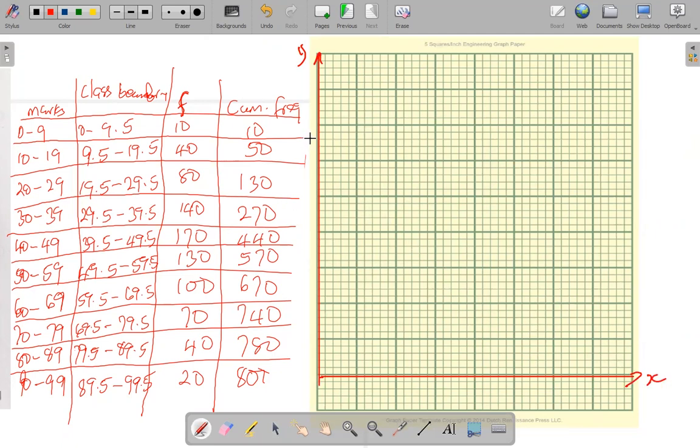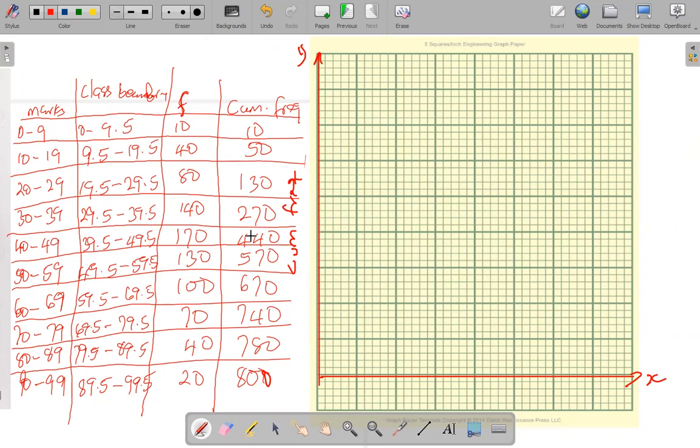On the y-axis, we have the cumulative frequency, and on the x-axis, I will have the class boundary. For the cumulative frequency, we have data that range from 10 to 800, so we choose a scale that will accommodate that.